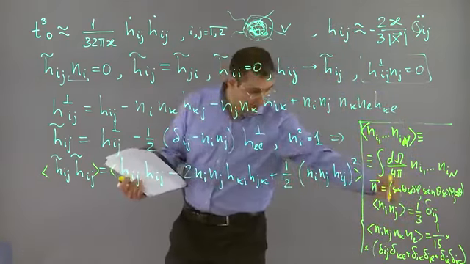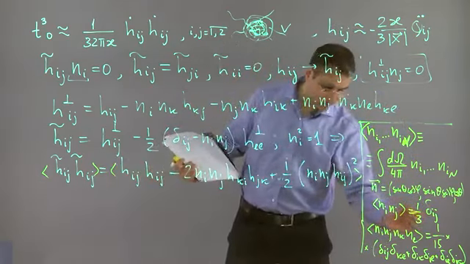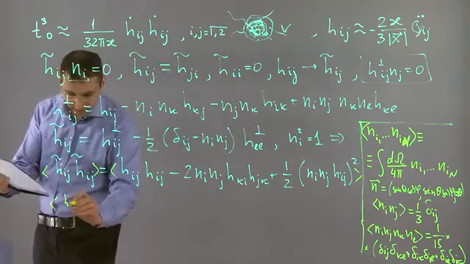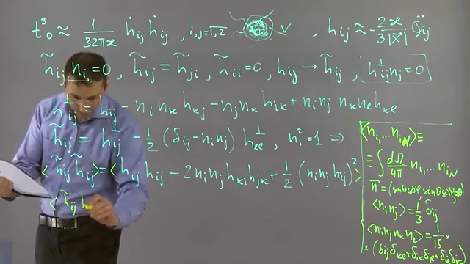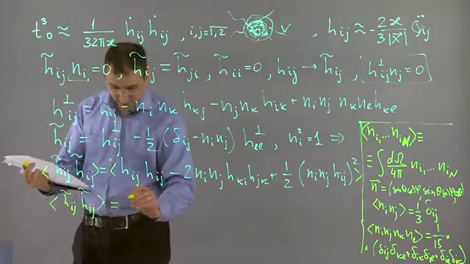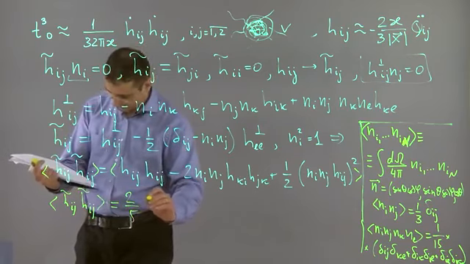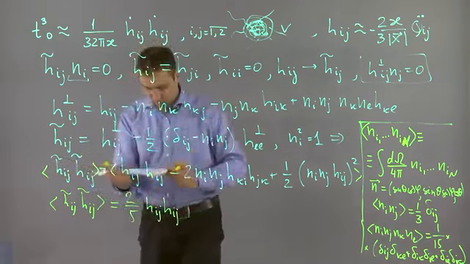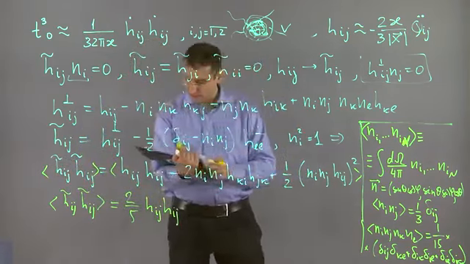As a result of this averaging, hij twiddle averaged is nothing but 2/5 hij times hij.